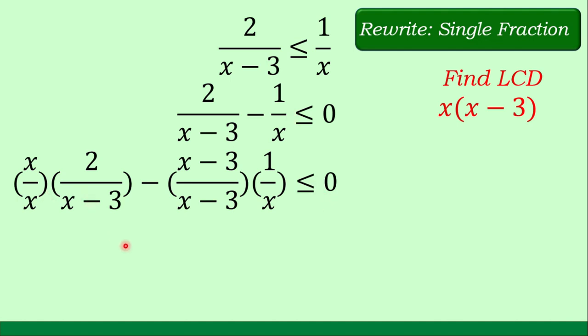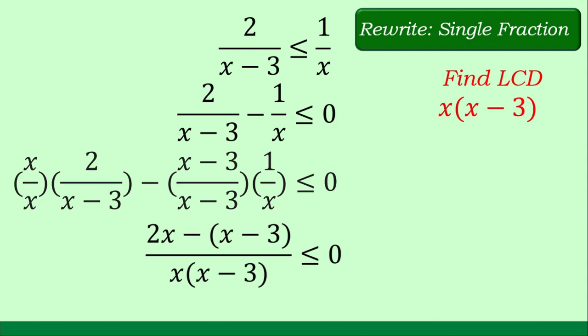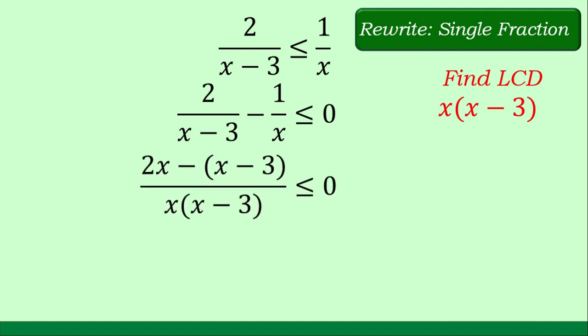Now let's multiply these, and it will give us this. I'll explain. x times 2 will give you 2x. I copied minus. And 1 times x minus 3 will give you x minus 3. Enclose that in parentheses since you still have your minus sign. And let's distribute the negative sign to all the terms in our binomial: negative times x and negative times negative 3.